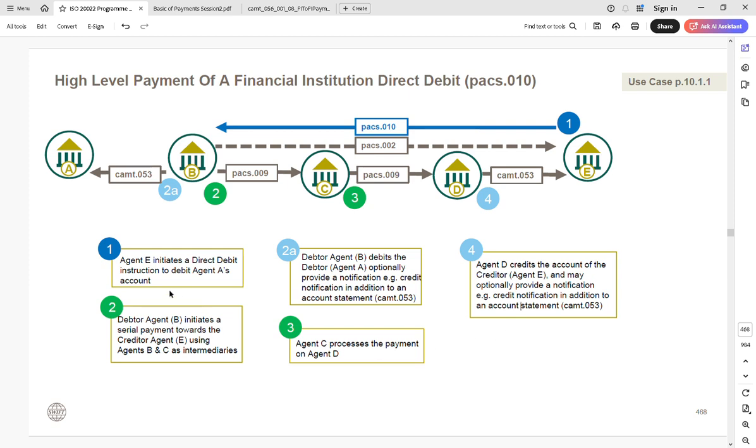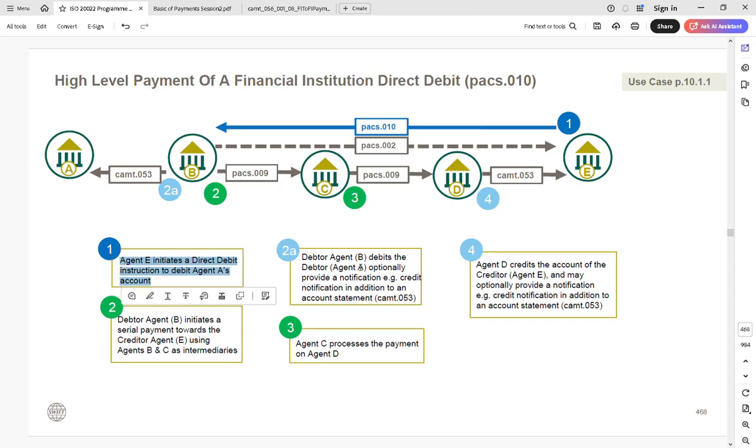So being honest with you, they have not explained here, I don't know why, how the payment is moving using the PACS.010 message. It's only mentioned how PACS.009 is working. They haven't mentioned how the payment is moving from E to B. They directly say in a single line that agent E initiates a direct debit instruction to agent A. That's it.